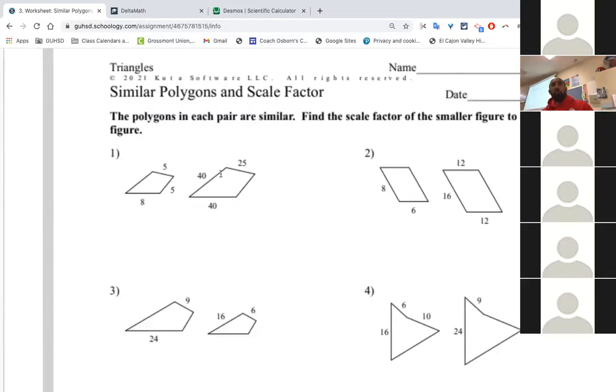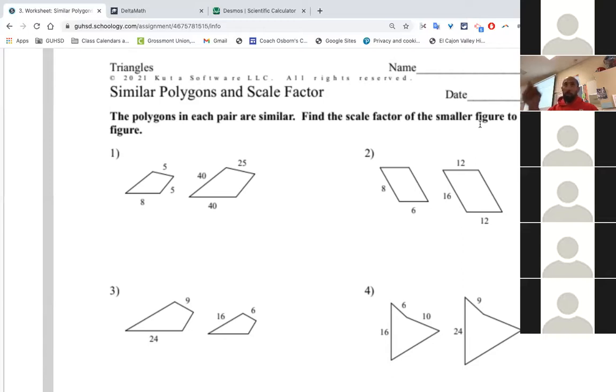So what you're going to have is it's going to say, find the scale factor of the smaller figure to the larger figure. So in other words, we're going from the small to the big. If you guys remember last week, I said to find the scale factor, we're using the new shape and the old shape. Well, in this case, the new shape is the bigger one.